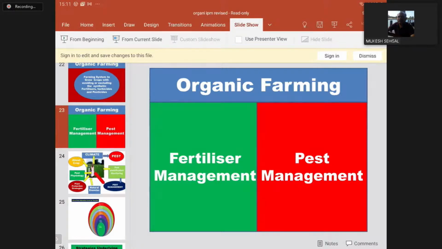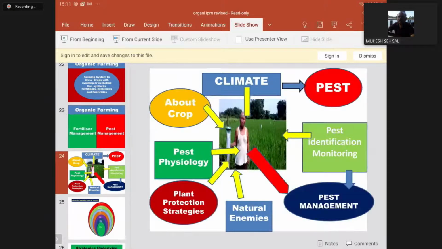We are doing pest management, but now we have also started working on fertilizer management. When I say ESA based IPM, the farmer must know what impact climate change is going to have on pests, and he has to do the pest identification and monitoring himself.